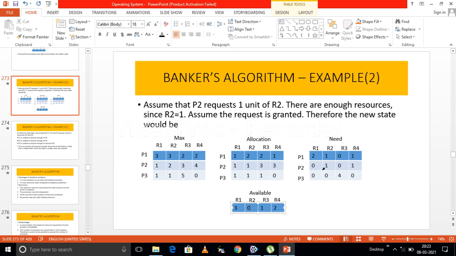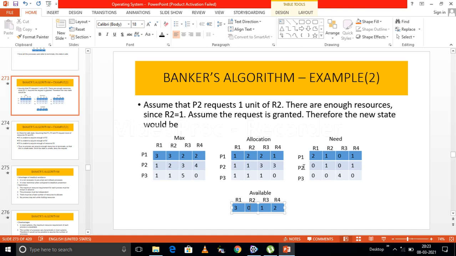Okay, check with P2. P2 requires 1 instance of R2 and 1 instance of R4, but the availability of R2 is 0 again. So even P2 is not able to acquire the resource R2 because there is no availability. So once again P2 is also not able to execute.